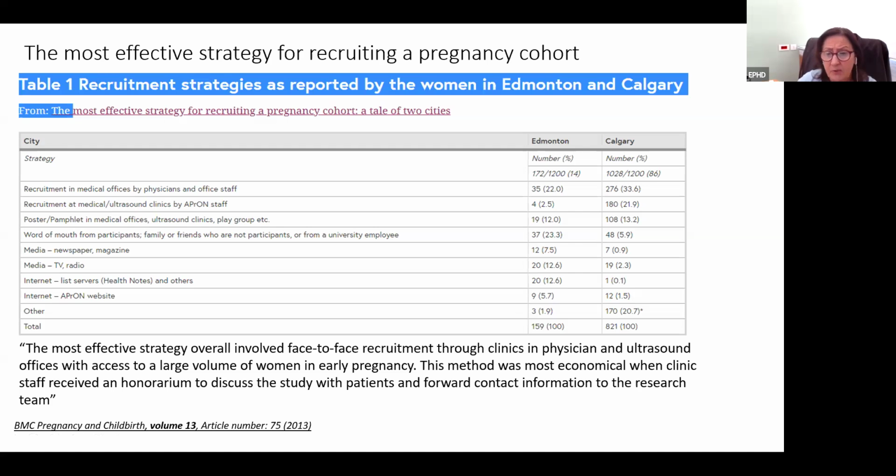This method was most economical when clinic staff received an honorarium to discuss the study with patients and forward contact information to the research team. It was more efficient, with a higher yield than the media. Very few were recruited from the media, especially in Calgary, less through TV advertisement or internet and so on. The highest was face-to-face recruitment in clinics.